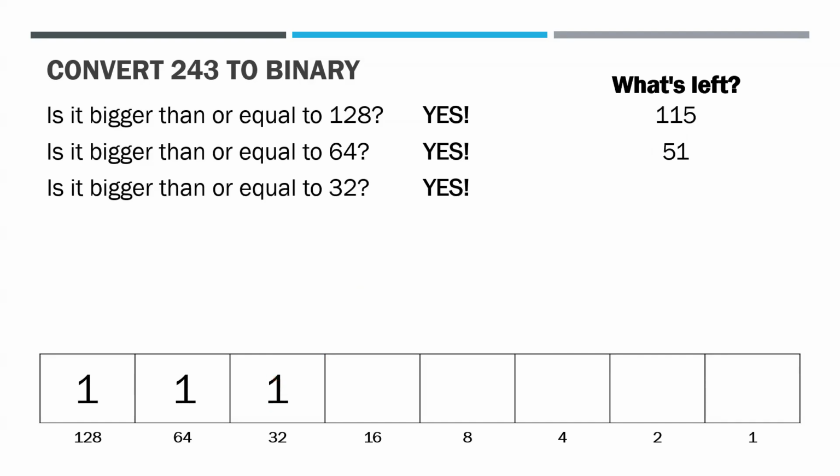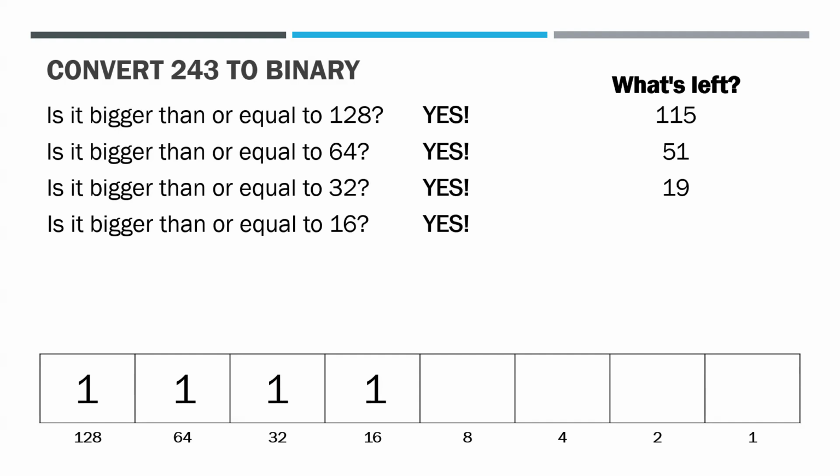And what's left over? 19, right? 32 plus 19 is 51. We keep going. Next is the 16s place. Is 19 greater than or equal to 16? Absolutely, yes. So we drop a 1 into the 16s place. And what's left over? 3.